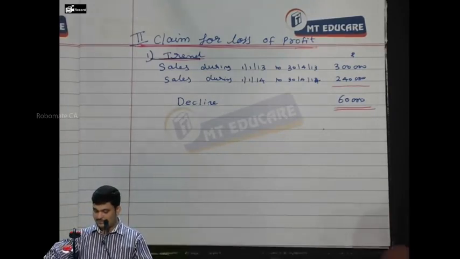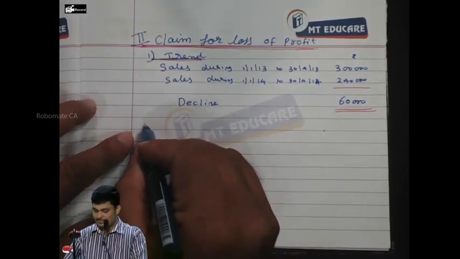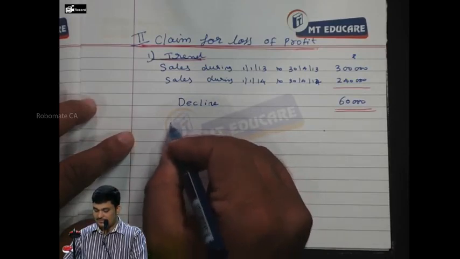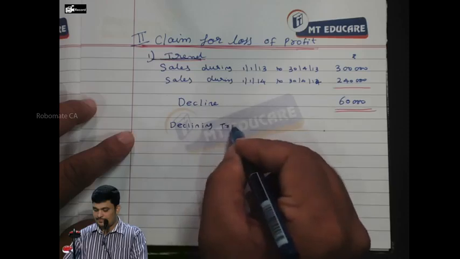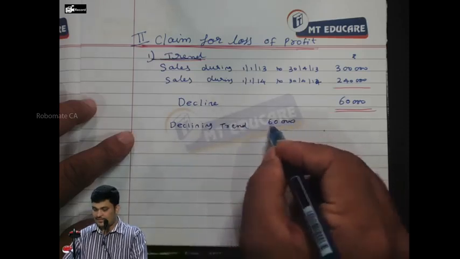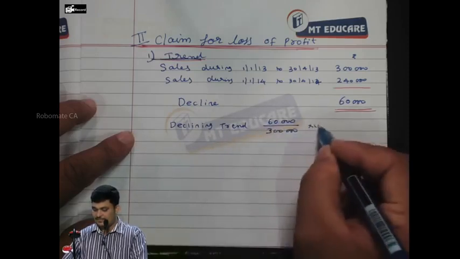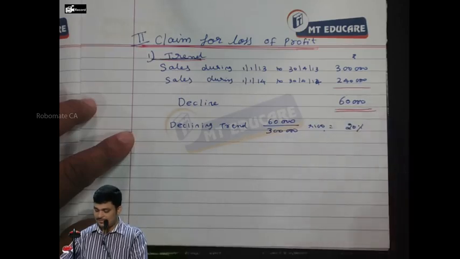Next, we have a declining trend. 60,000 is a reduction from 3 lakhs. So the percentage will be 20%.